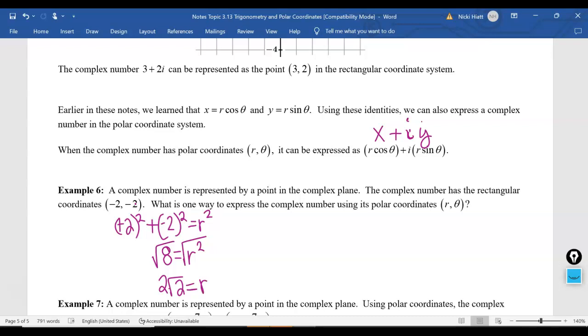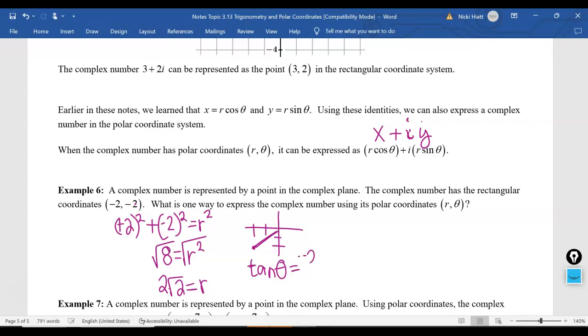And for our angle, we're going to think about graphing this. And so if we're at -2, -2, we're in that third quadrant right there. And our tangent of theta for this would equal y over x.